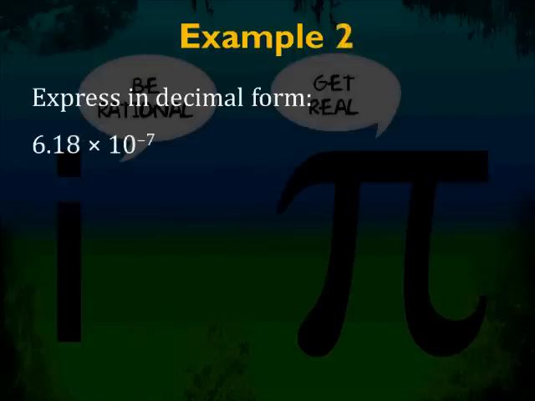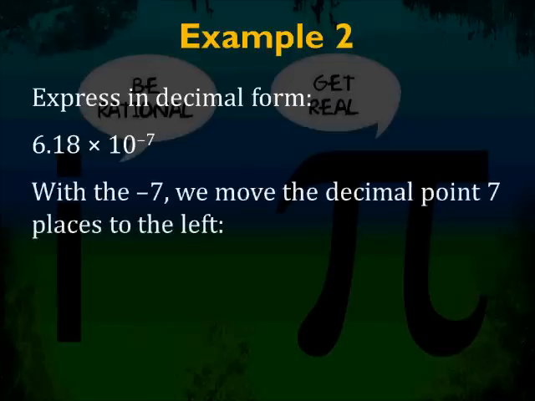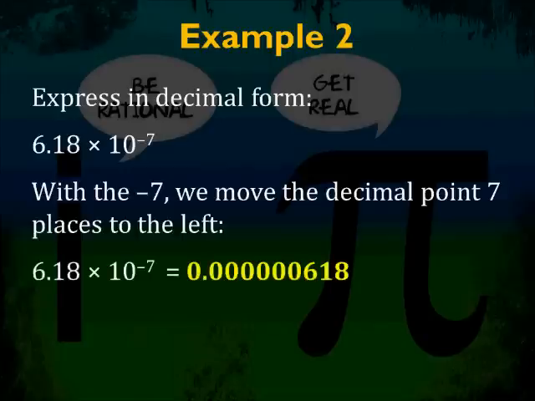Example 2. Express in decimal form 6.18 times 10 to the negative 7th. When you have a negative exponent, you will move the decimal point 7 spaces, the number of exponent spaces, to the left. So you will basically write a bunch of zeros in front of the 618, and that's your answer.